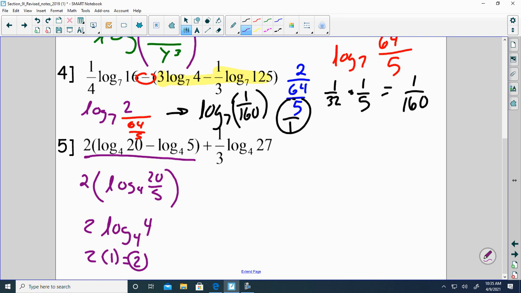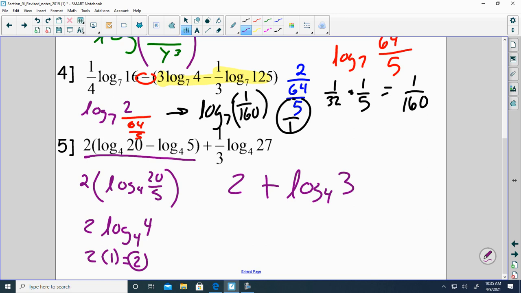So I get 2 plus, does everyone agree why everything went away? Plus, if I move that 1/3 up with 27, I get 27 raised to the 1/3 power, which is the third root of 27, and I think that comes out to 3. Agree? So plus log base 4 of 3.